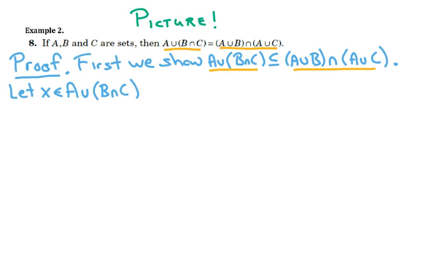Now, our book likes to use a lowercase a instead of X. Sometimes I think a belongs to the set A, and so I like to use X, but it doesn't matter, whatever you want to use, just as long as you're consistent. Now, we're going to just use the definition. What does this tell me about X? Then X is in A, or X is in this intersection B and C. Okay, so we have to consider these two cases, but we don't have to say we're doing cases.